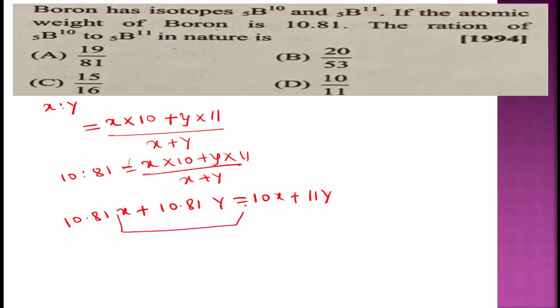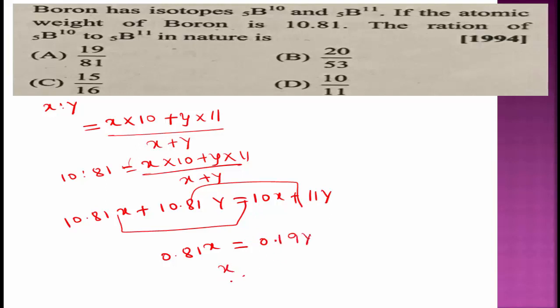Rearranging these equations, 10.81x minus 10x gives 0.81x, which is equal to 11 minus 10.81, that is 0.19y.